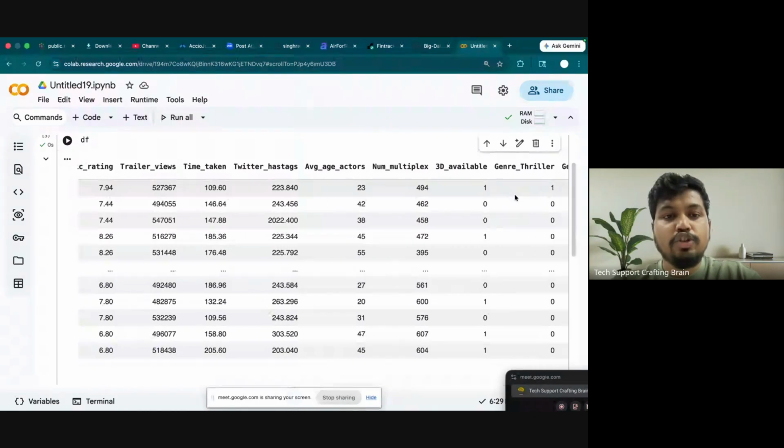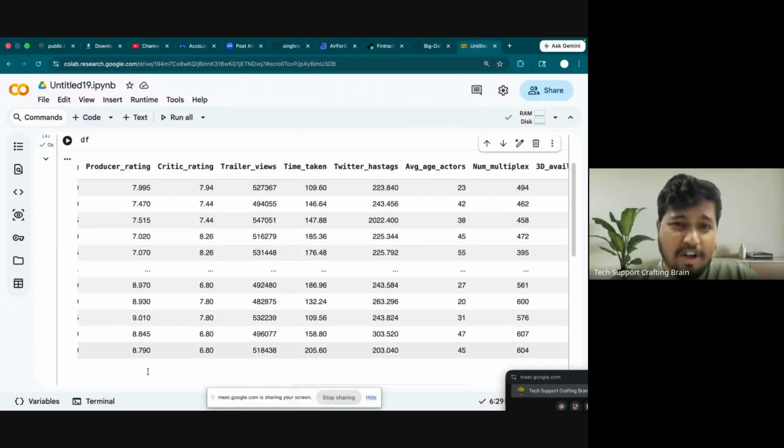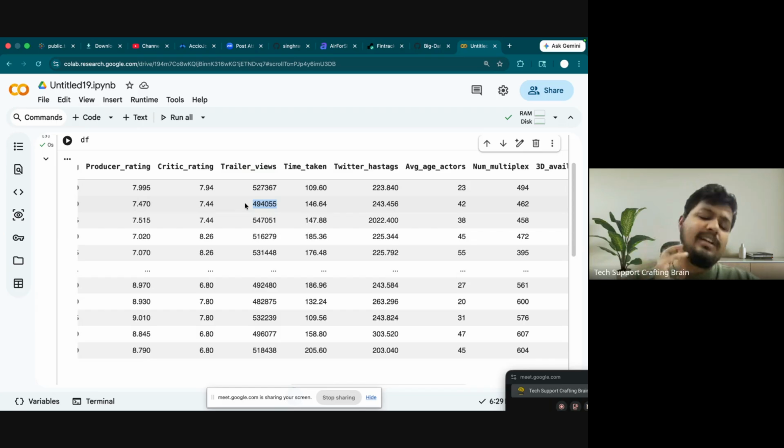We have a lot of different columns, but I'm going to select only one column. We will predict the collection of the movie with the trailer views. Movies release their trailers, and these are the views of the trailers. So using the trailer views of a movie, I'm going to make a prediction.